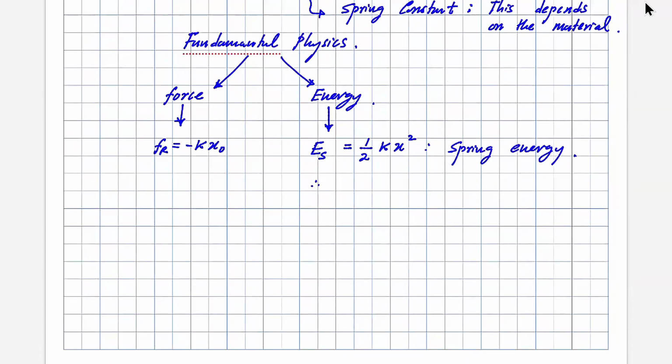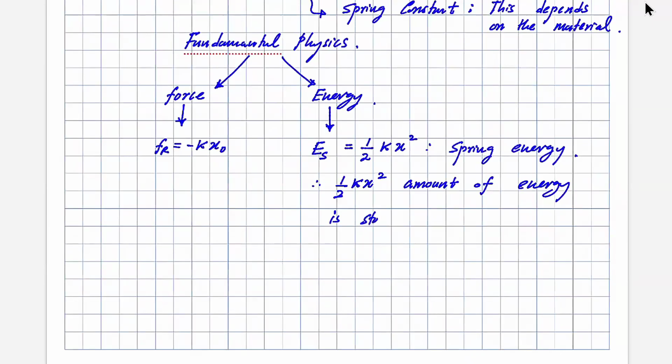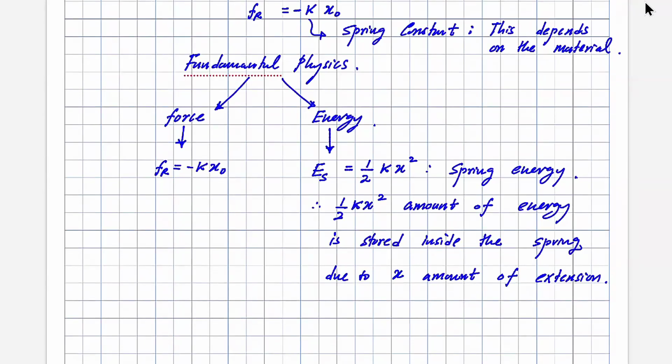Half k x squared amount of energy is stored inside the spring due to x amount of extension. Okay, now you understand that.